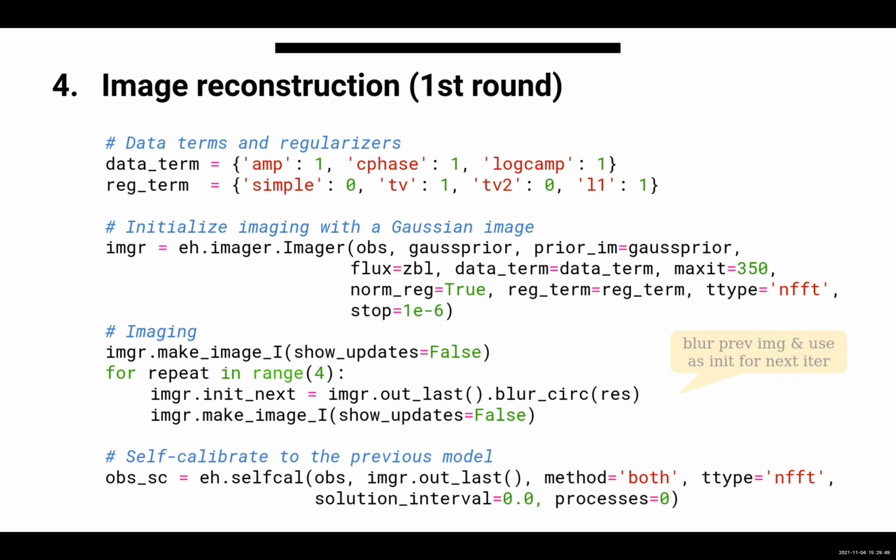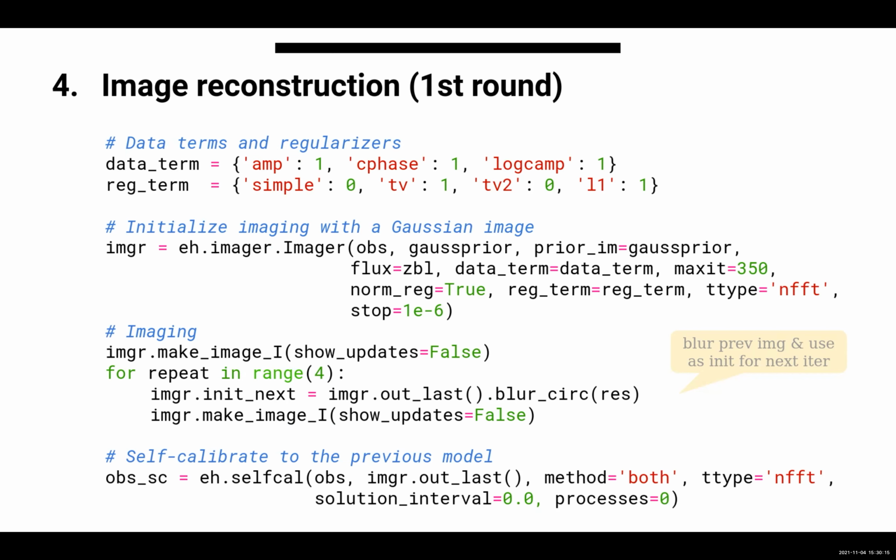To regularize on our image properties, we will use the TV and L1 norm regularizers, which favor smoothness between adjacent pixels and sparsity respectively. For this particular case, we won't use maximum entropy regularization or TV2, but I encourage you all to play with these regularizers and see what different images you get when you change these values.